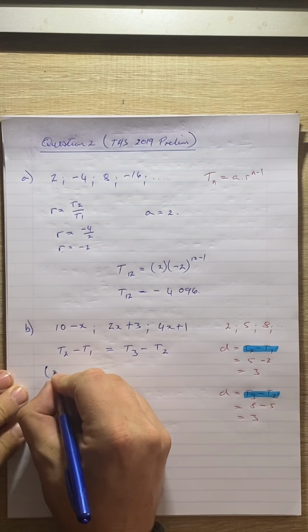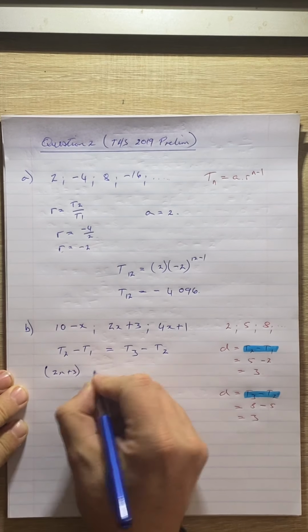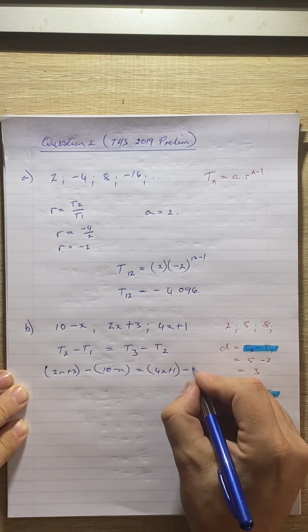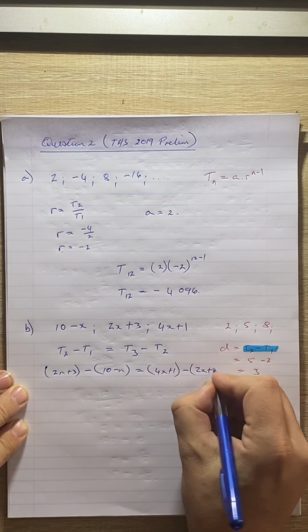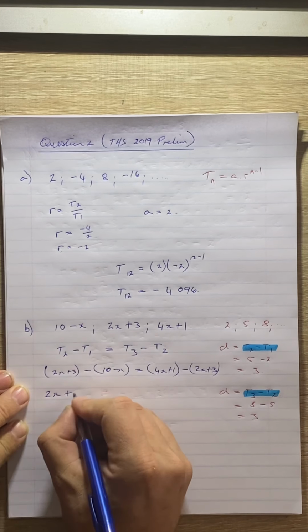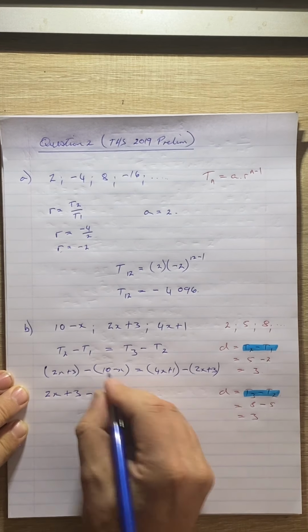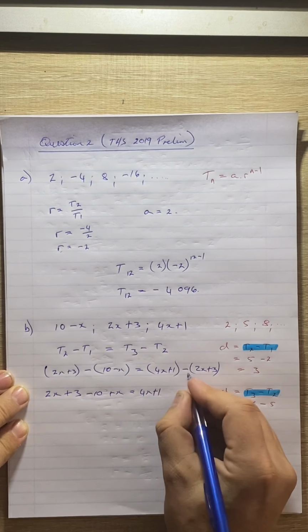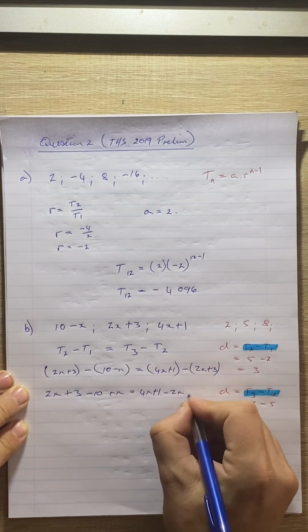So T2 is 2x plus 3 minus T1 is 10 minus x, equals T3 is 4x plus 1 minus T2 is 2x plus 3. You can get rid of the brackets, and we get 2x plus 3 minus 10 plus x equals 4x plus 1 minus 2x minus 3.